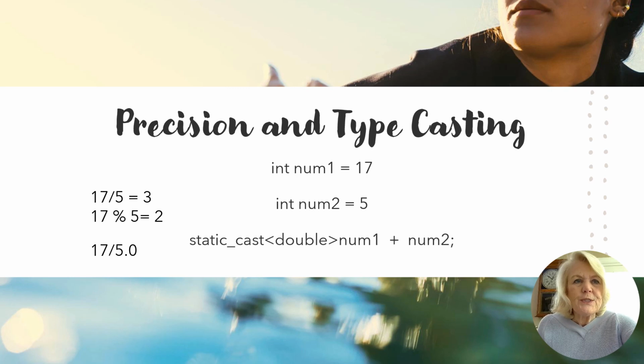This slide shows an example of integer division. An important rule is that an integer divided by an integer gives an integer as an answer. So 17 divided by 5, 3 is your answer. You can capture the remainder by using modulus.